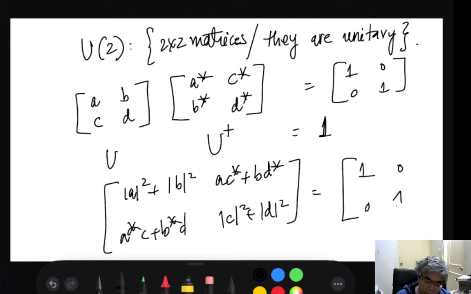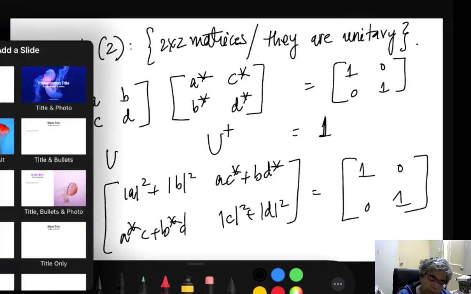So in general you could have 4 complex entries.